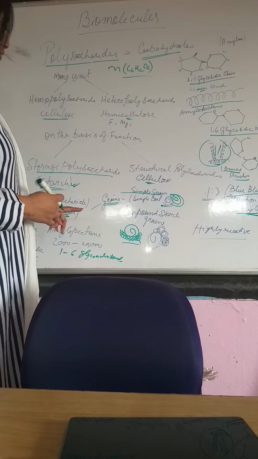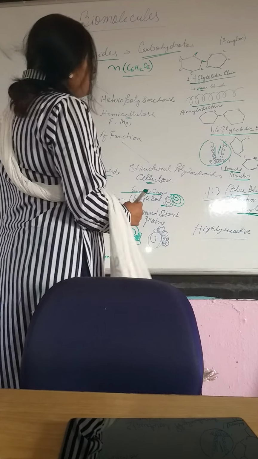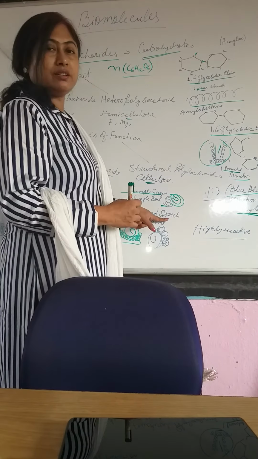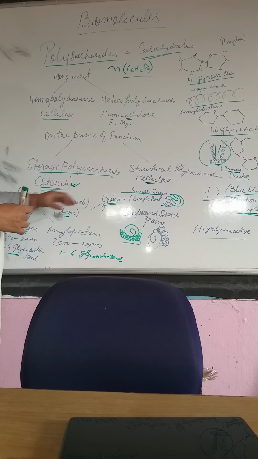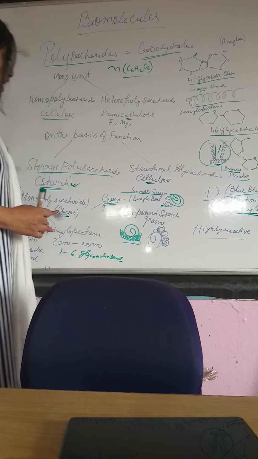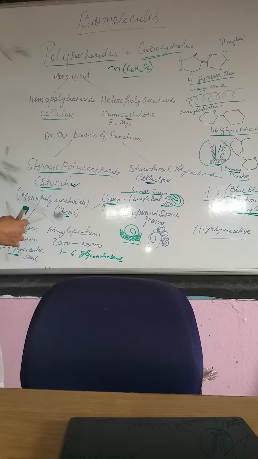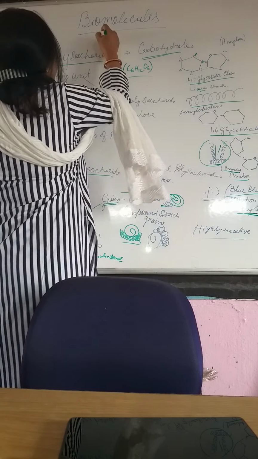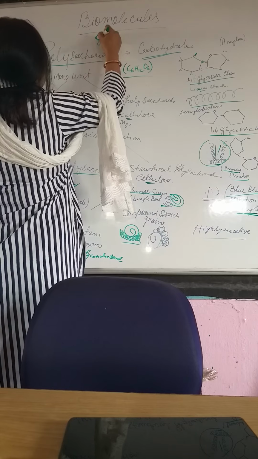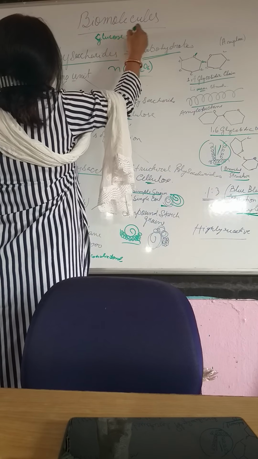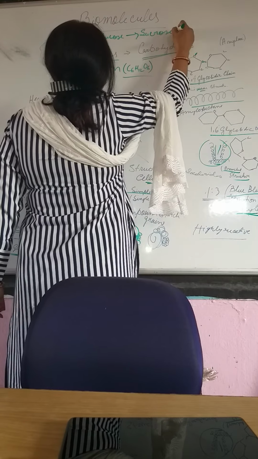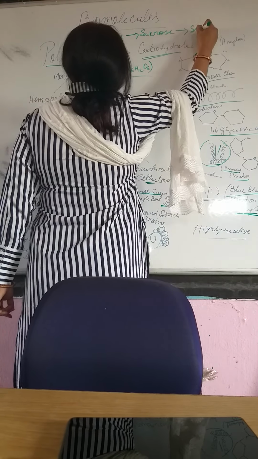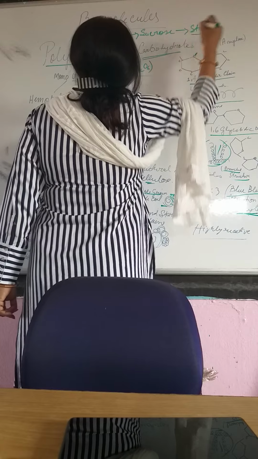Another thing is that starch is made up of glucose. Since starch is made up of glucose, glucose has to get converted into sucrose and then later converted into starch. Why?